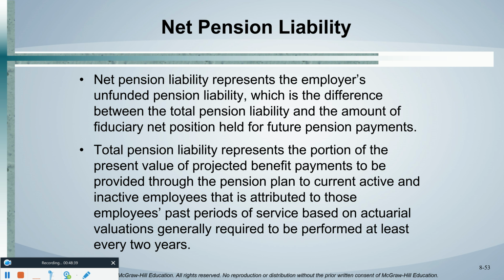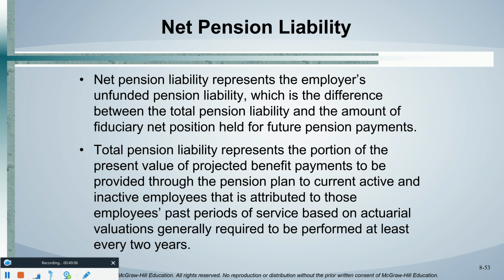That total pension liability is compared to the net position or the equity of the fund. The difference between the equity of the fund and the total pension liability is called a net pension liability. And that net pension liability is actually going to be a liability for the government at the government-wide statements.